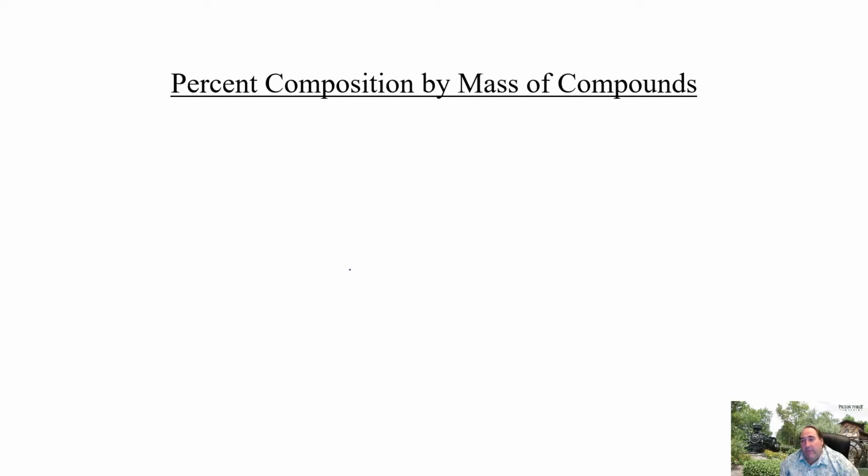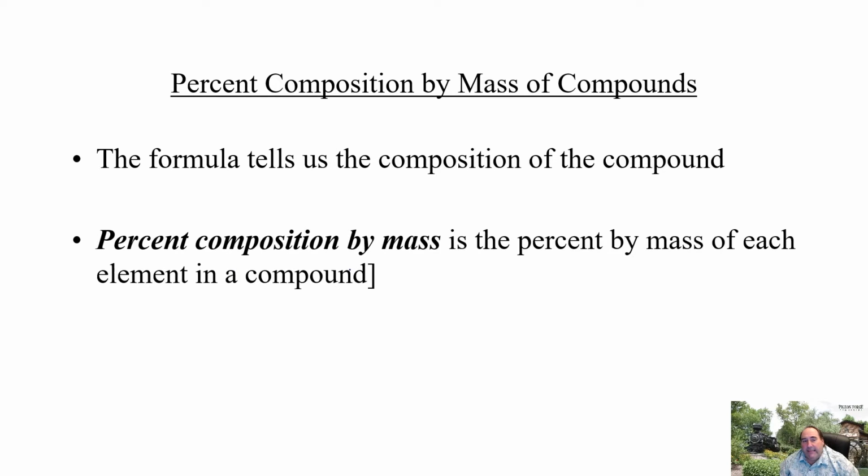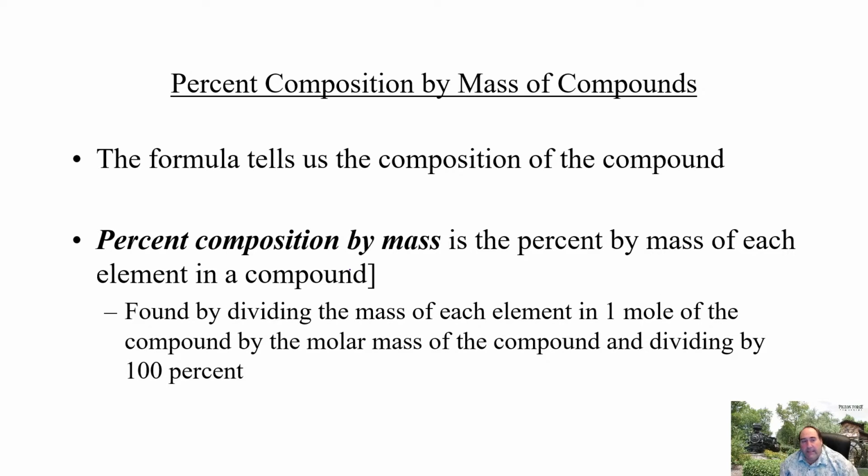So let's talk a little bit about percent composition of mass. The formula tells us the composition of a compound, and the percent composition by mass is the percent by mass of each element that's present in a compound divided by the mass of the total compound and times it by 100.